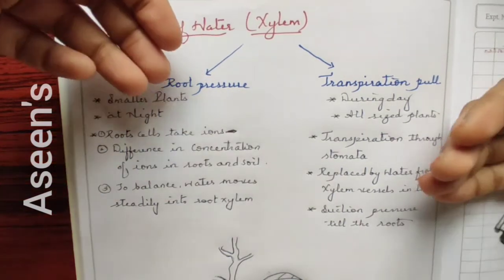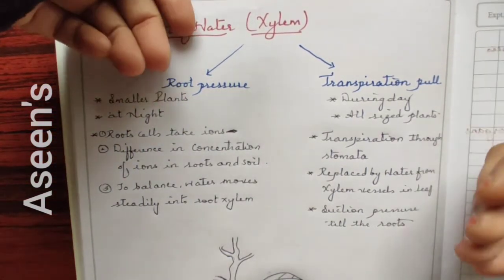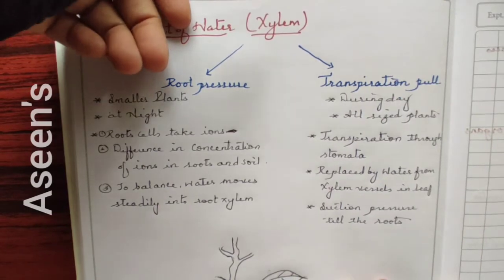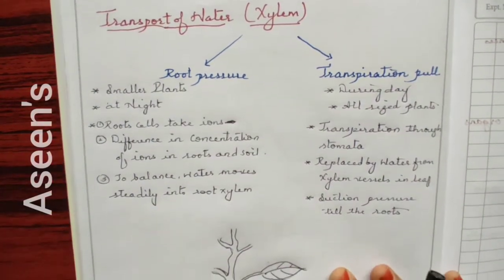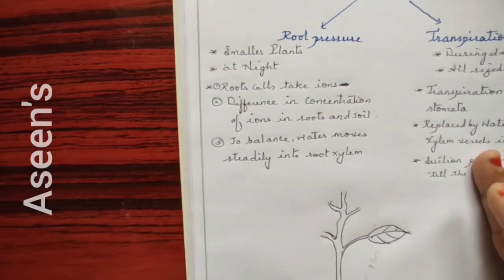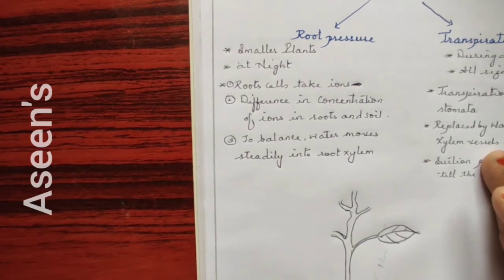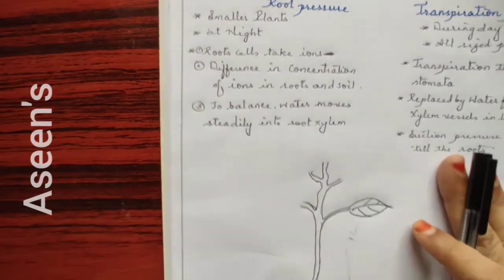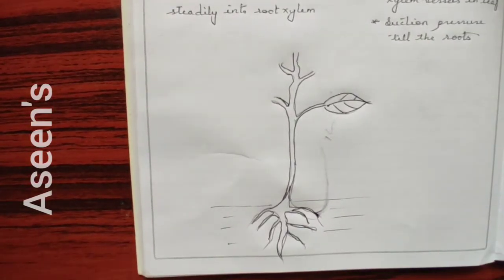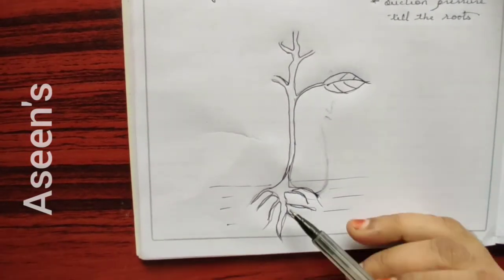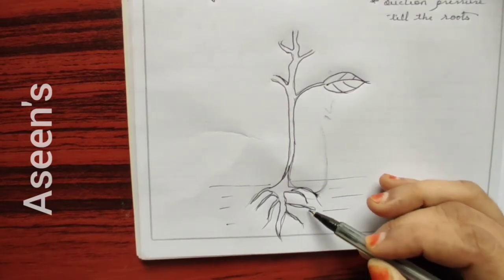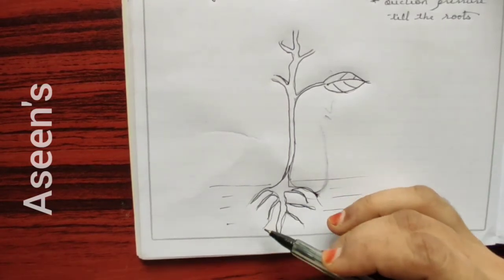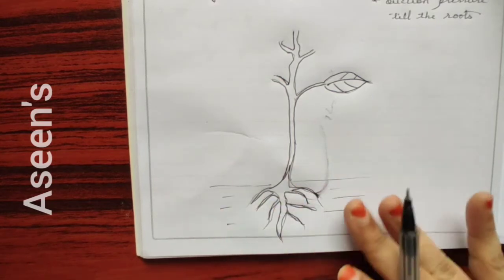Now let us try to understand the method of root pressure and the method of transpiration pull. Let's talk about root pressure first and then go into detail for the rest. See here, a tiny little diagram to understand. Can you see the roots over here? These roots are directly in contact with the soil, right?